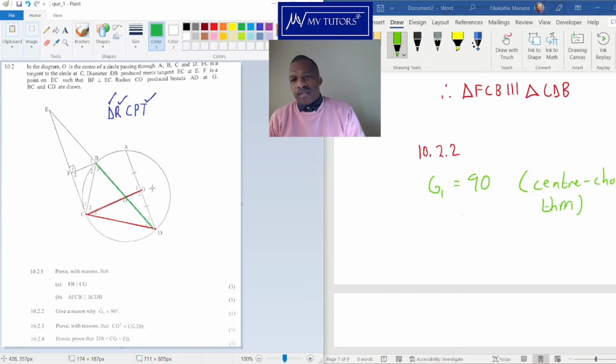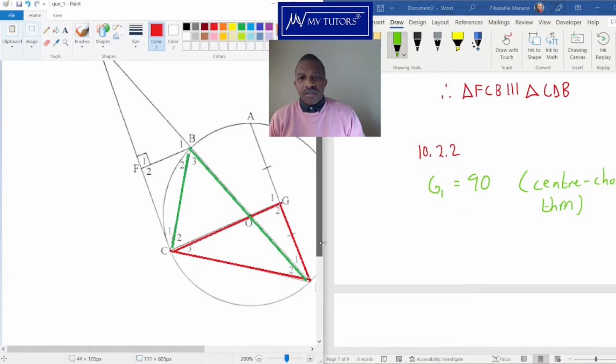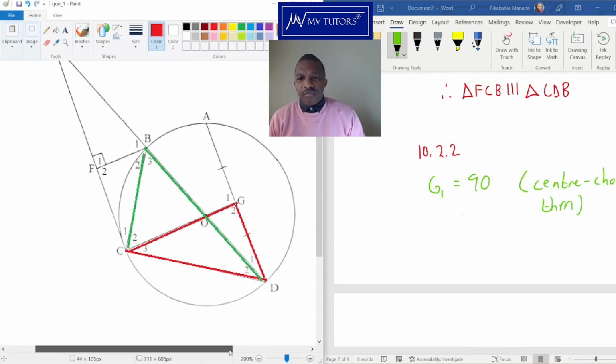Yeah. So here it looks like we will be dealing with two triangles again. This green triangle and that red triangle over here. So we've got two triangles, as you can see, green and red. Let me see if I can zoom in a little bit.